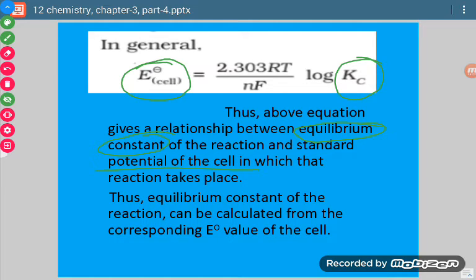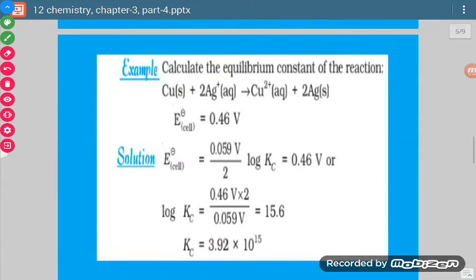Now, equilibrium constant can be calculated from the E naught value of the cell. So from here what we can generalize is that if a cell is given to us, then E naught cell value is known to us, and Kc can be easily calculated. Okay, so this is the relation for determination of Kc.